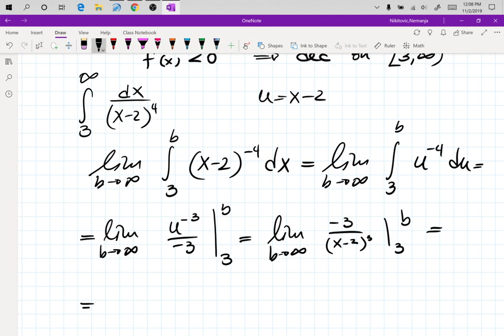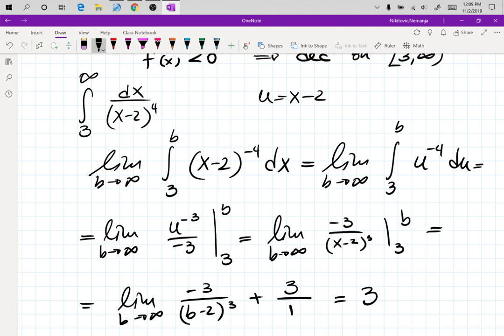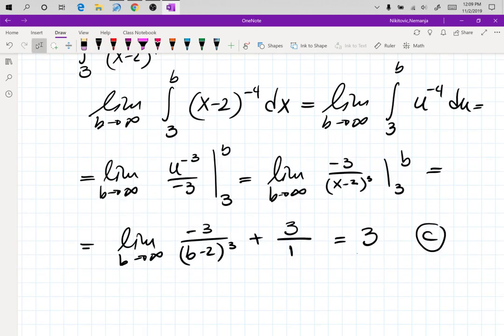We already see convergence, but I have the limit as b goes to infinity of negative 3 divided by b minus 2 cubed, minus and minus gives me plus 3 over 1, and the whole thing is 3, because negative 3 over infinity is 0, right? So this converges, and now we write the answer.